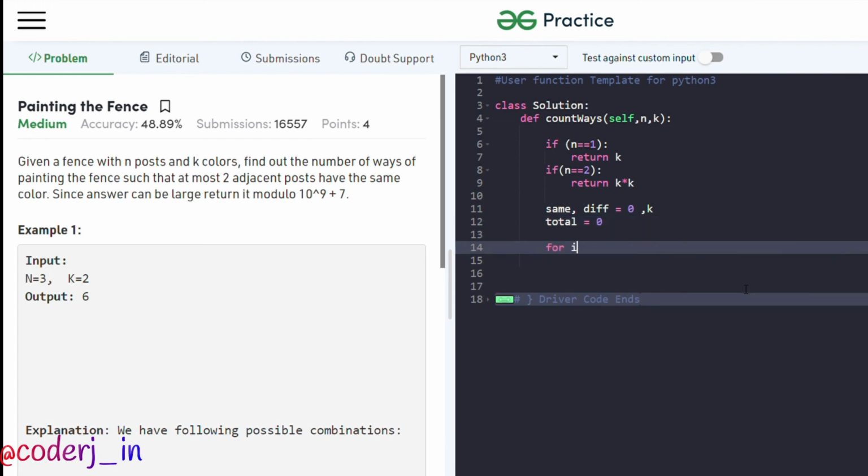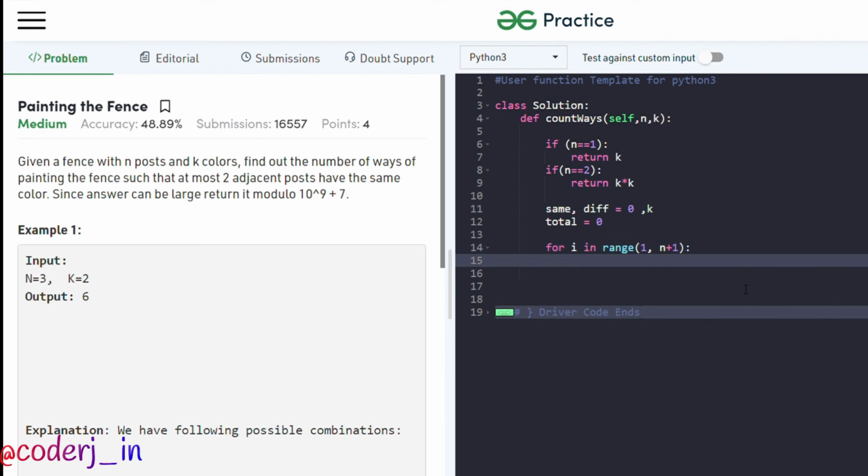Let's traverse the whole poles, 1 to n plus 1. The total will be the summation of same plus diff, correct? And one more thing, you have to take a mod with that.